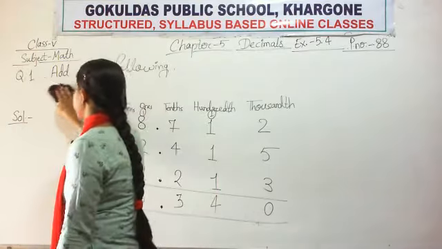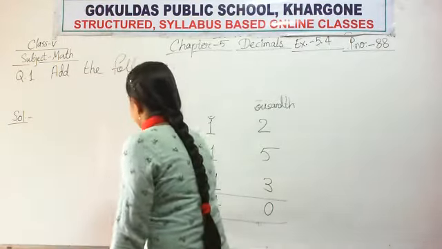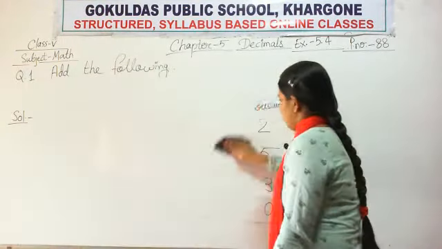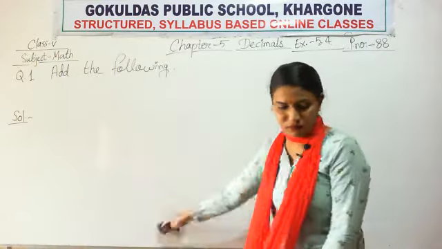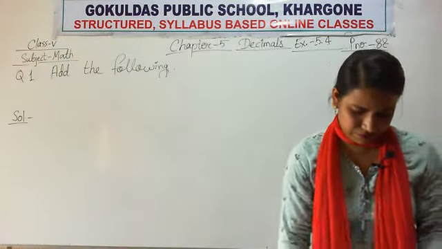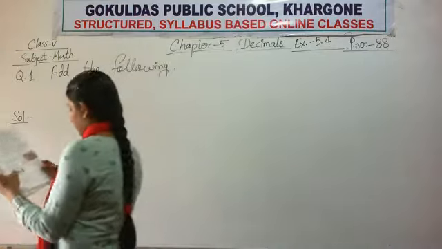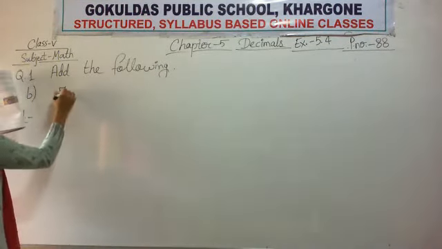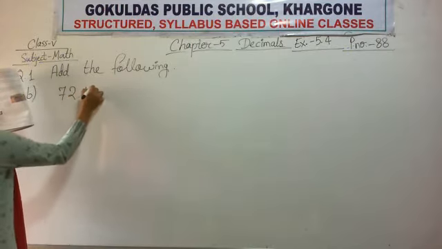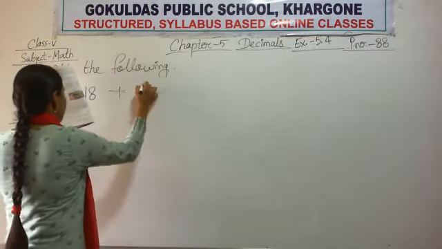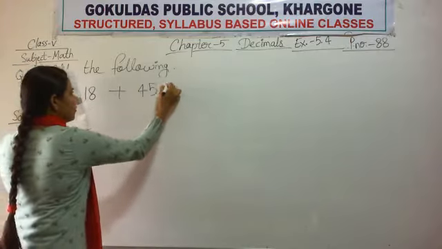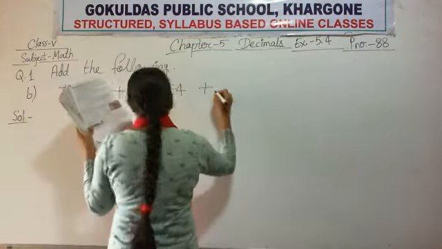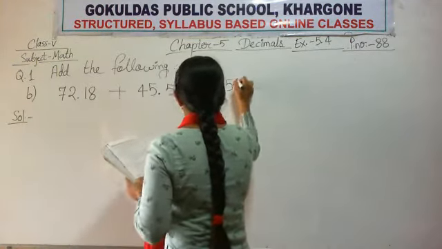Now part B. Given numbers are 72.18 plus 45.54 plus 54.